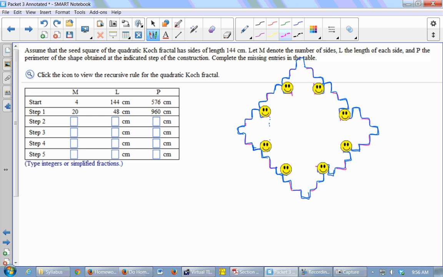All right, so now I have to figure out how many sides there are. So let's see. I've got 1, 2, 3, up to 50.